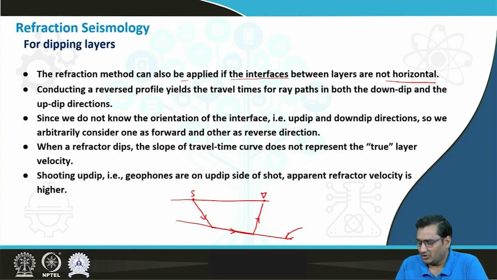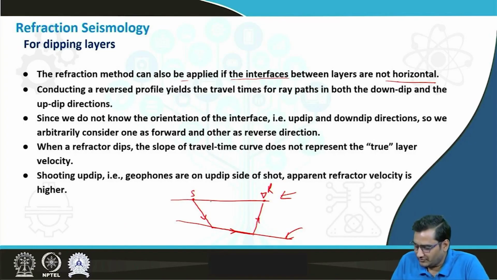In the case of down dip direction, you have the receiver on the down dip side. In the case of up dip direction, you have the receivers on the up dip side. In the current geometry, your receiver here is on the down dip side, so this is your down dip direction.